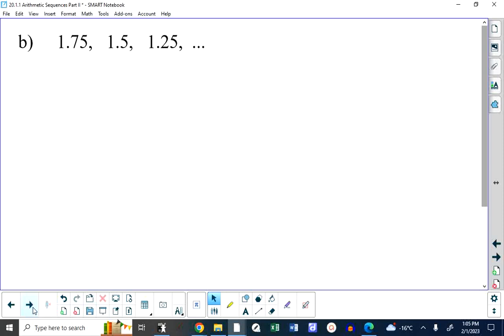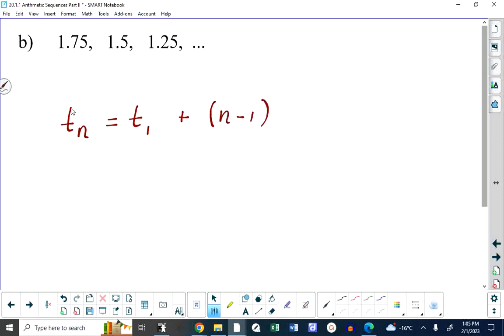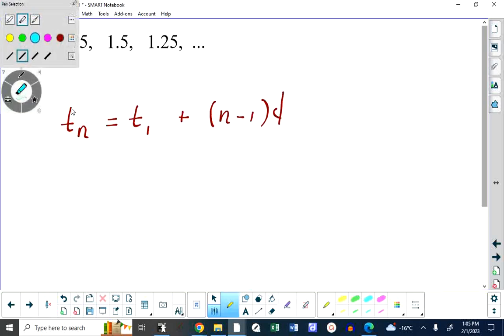So we want to do the same thing here. Remember that the basic strategy is this. You need to put in the parameter T1 and the parameter D. We need to put those numbers in, simplify the result.